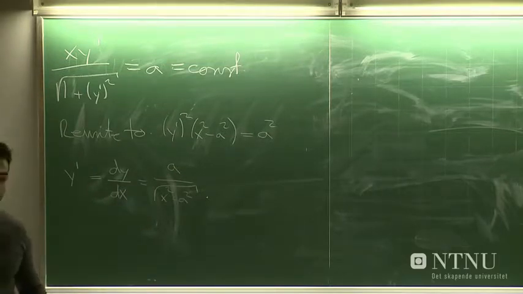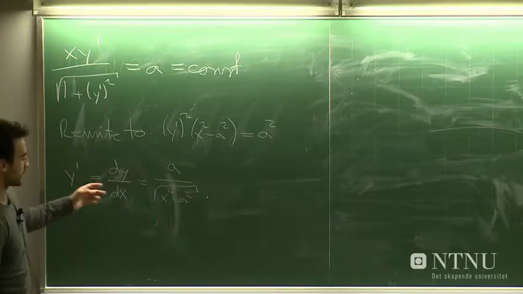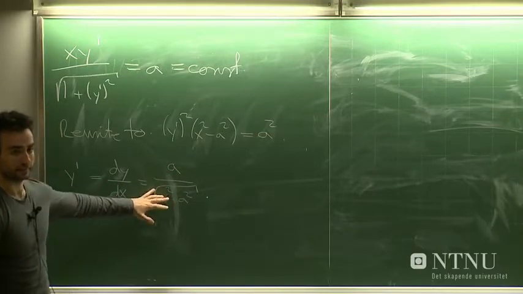And now we're in a much better position. This looks more reasonable. So we have the derivative of y with respect to x is equal to some rather well-behaved function here.